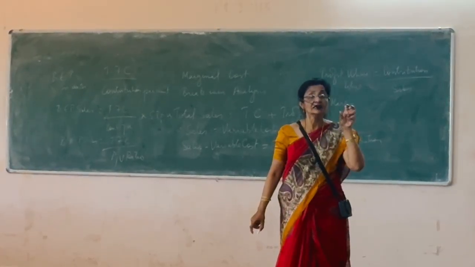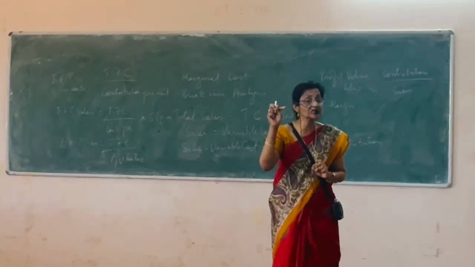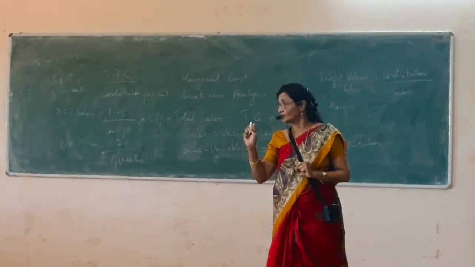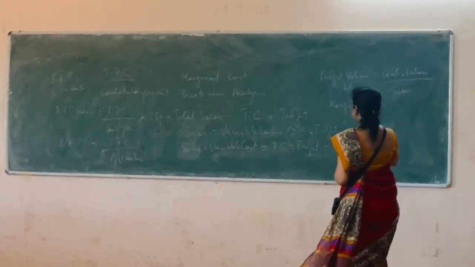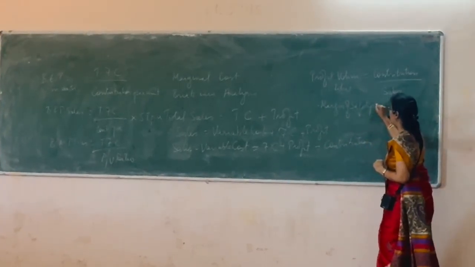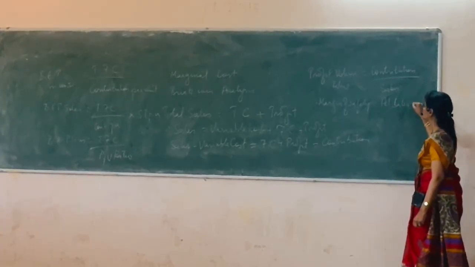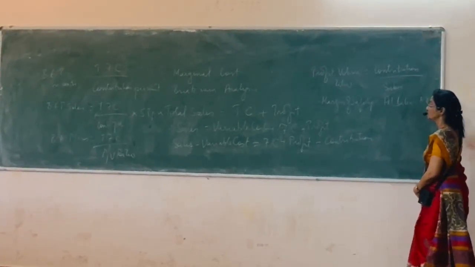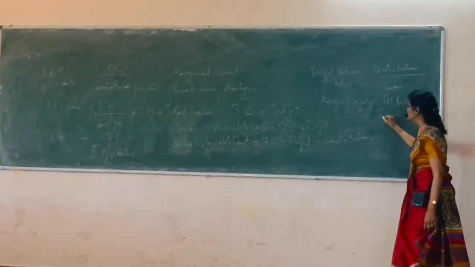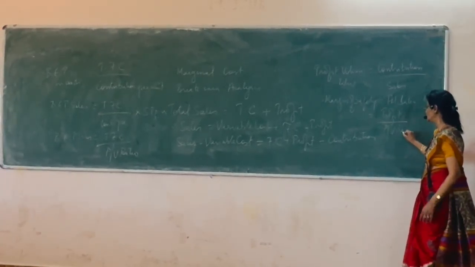Even if the sales reduce in this margin, the firm will still have profit. It will not suffer any loss. So margin of safety can be calculated as actual sales minus break-even sales. It is also calculated as, the alternate formula will be, profit by PV ratio.